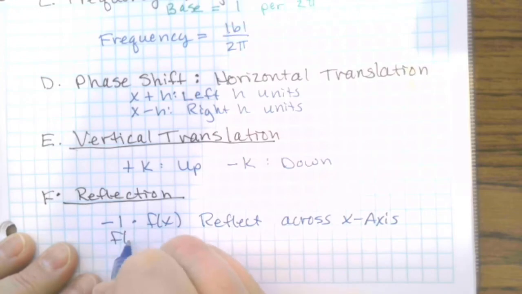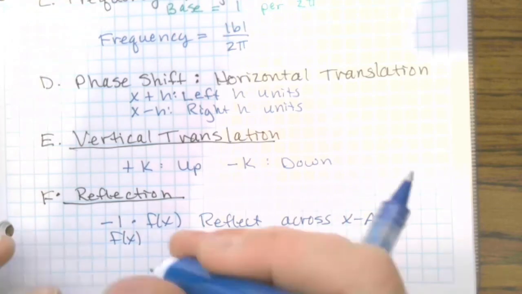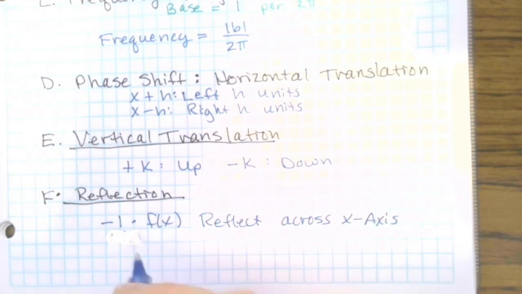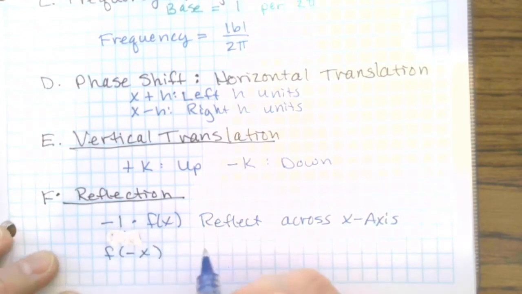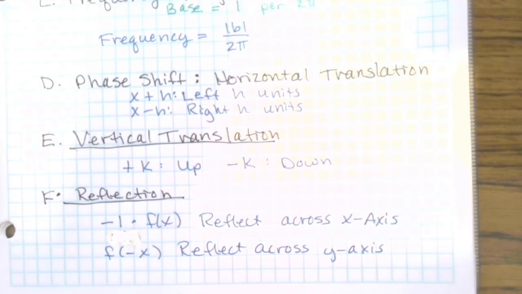If the negative is inside with the x, oh shoot, I made that too small. Blot that out. So if it's f of negative x, then you're going to reflect across the y-axis. And this is exactly the same as what we've memorized. Negative out front or negative with the x.